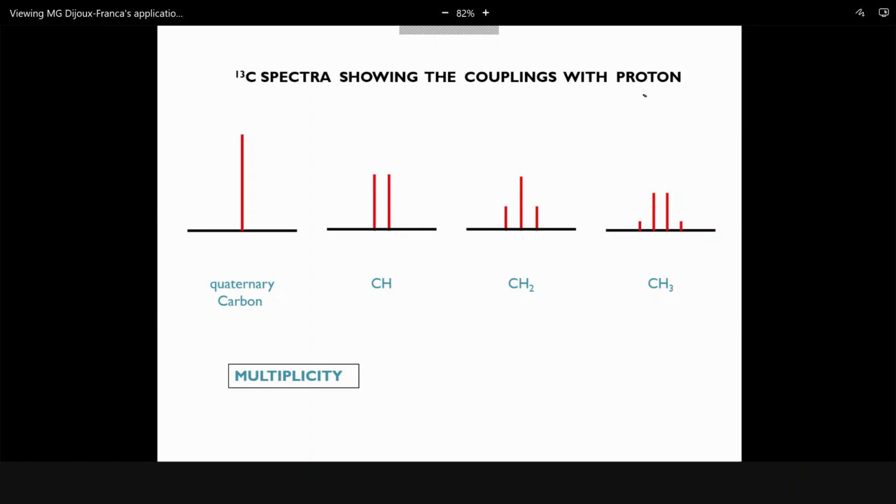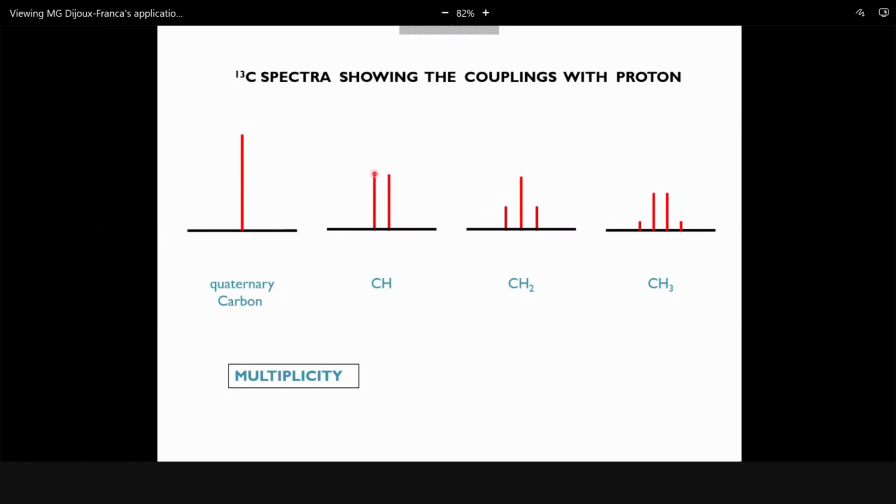So the multiplicity, as you could see here in the figure, going from the singlet to the quartet, the height of the signal decreases, because for each of them it's only one carbon, but the surface under the peak is distributed between each line.